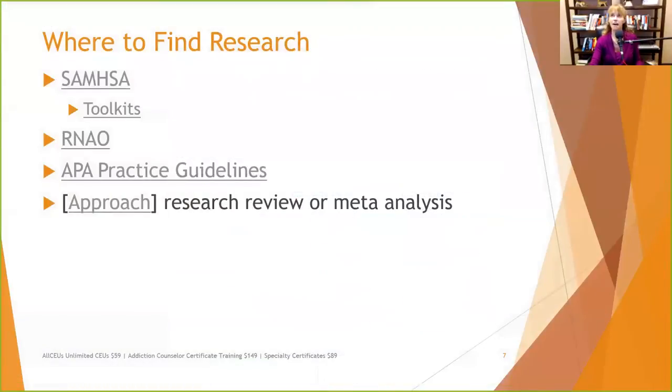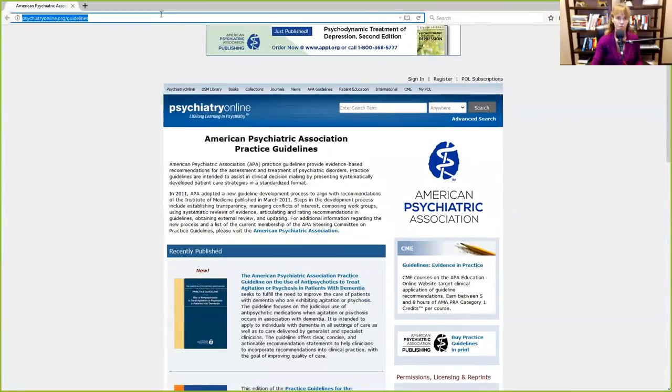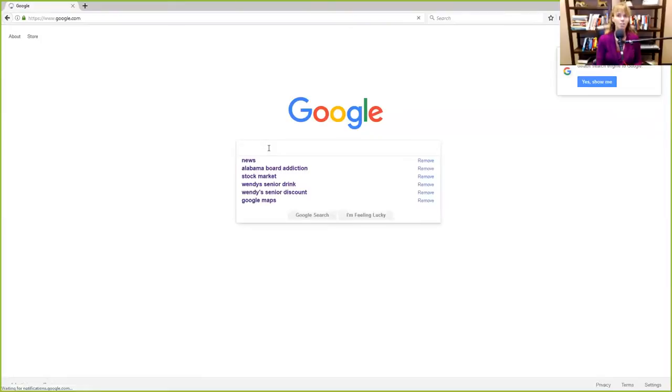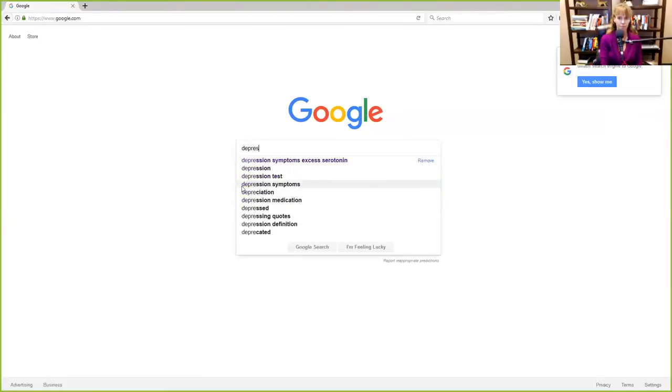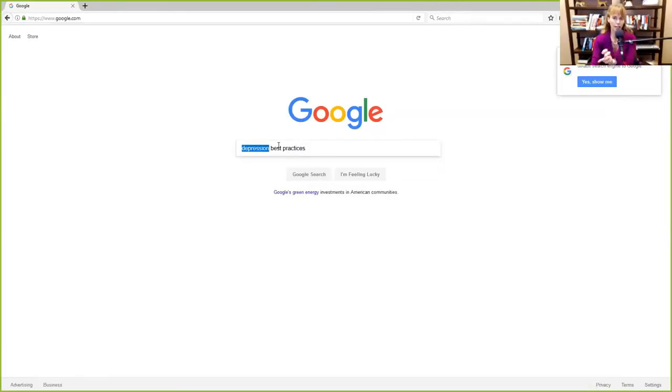And the final way to find good guidelines: whatever browser you want to use, you don't have to use Google for this one, but just Google the term for whatever you're looking for, depression, alcoholism, fibromyalgia, whatever disorder you're targeting, and the phrase best practices.